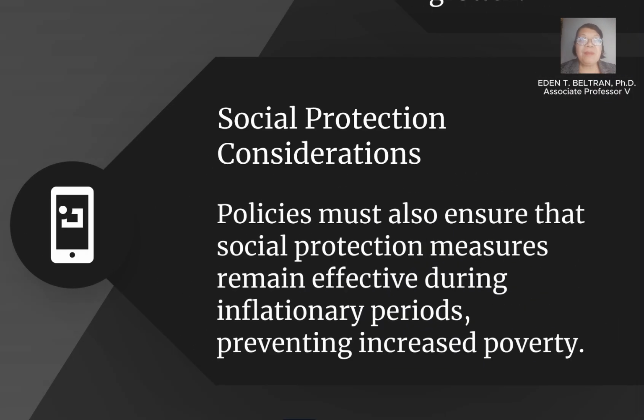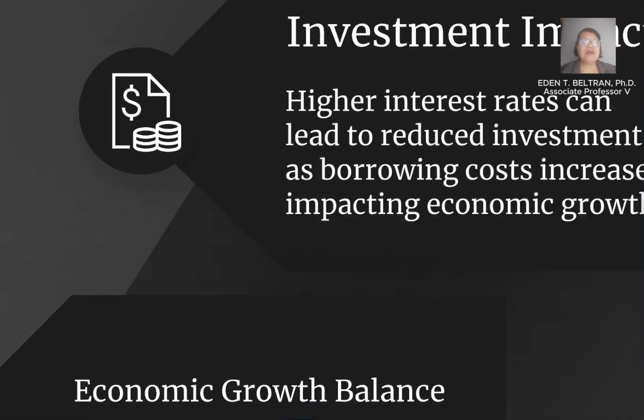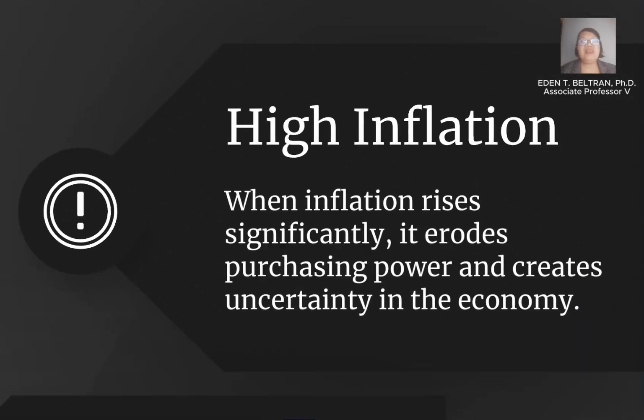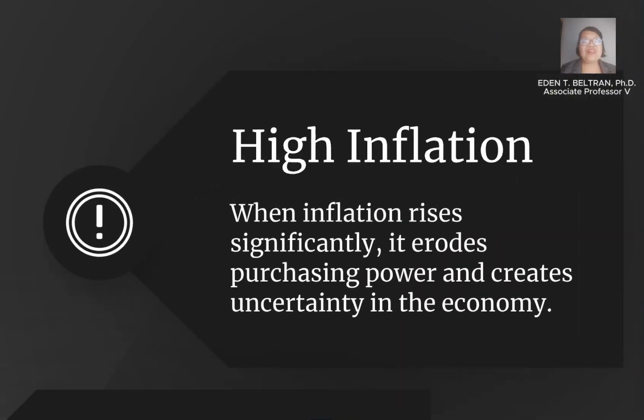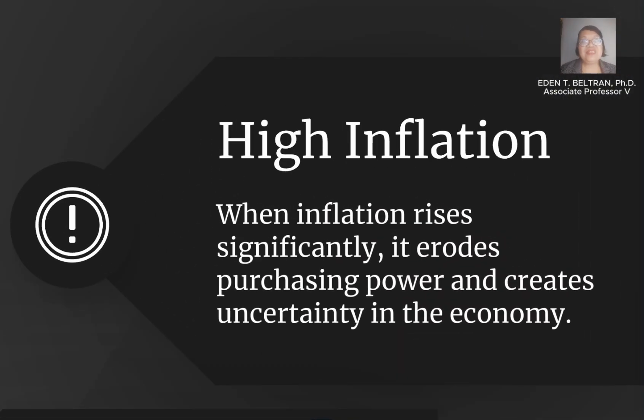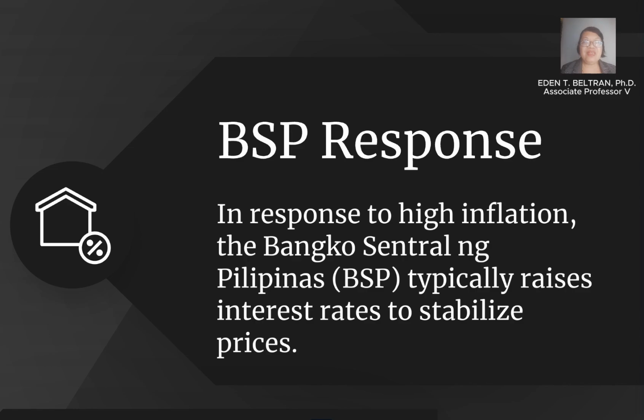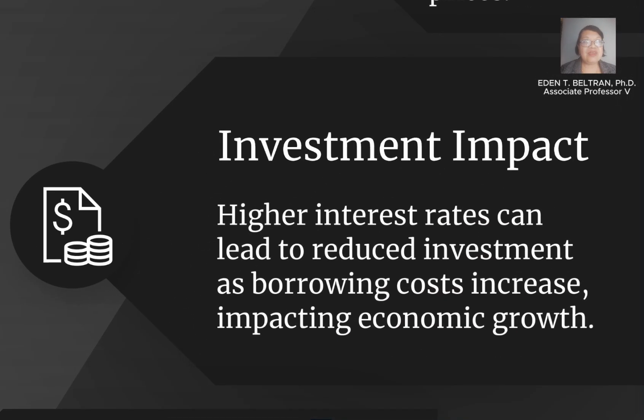And then public administrators, because of this, must balance the prices. So that's where you apply. That's where Keynesian economics work, no? When there is instability or threats of instability, and inflation is one of the measures or signs, then the policymakers must be alert, no?